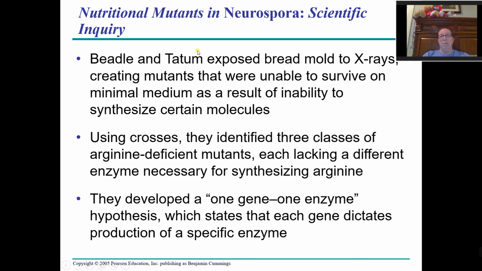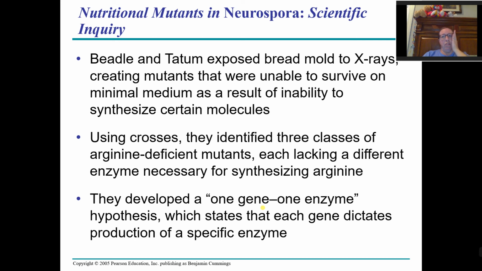So Beadle and Tatum worked with Neurospora, which is just a type of bread mold. They created mutants, and by crossing them and seeing which mutants lacked which enzymes, they developed the one gene, one enzyme hypothesis, which basically stated that one gene dictated a specific enzyme.